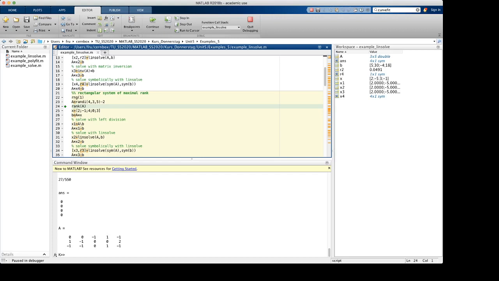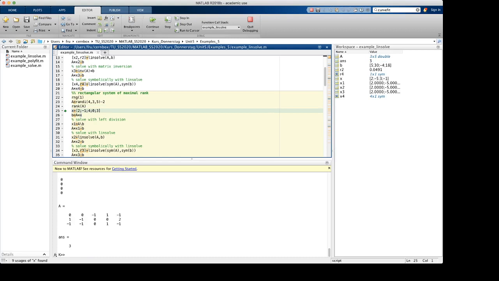Let's check the rank of A. The rank of A cannot be larger than 3, and it is equal to 3, so it is indeed a rectangular system of maximal rank. Let's again define a solution, an arbitrary vector x, and let's compute the right-hand side.